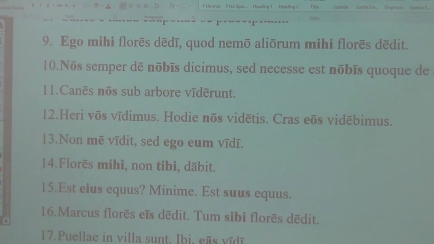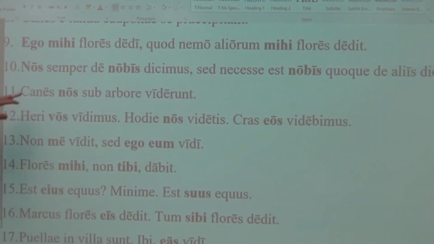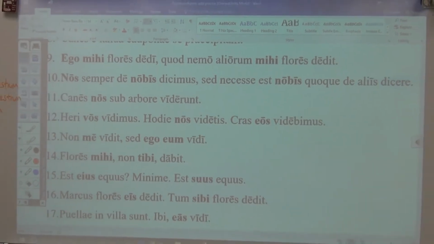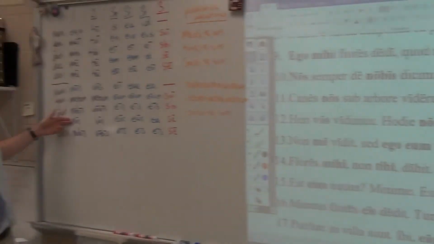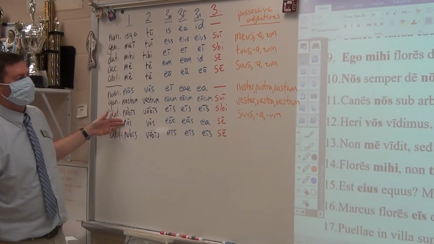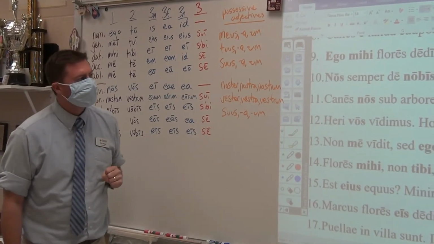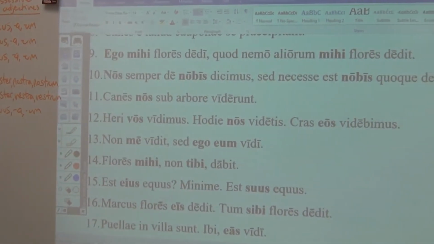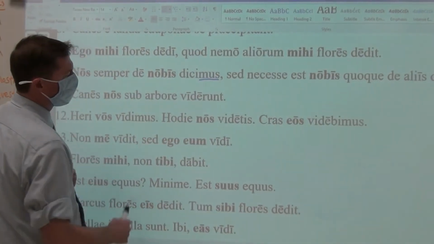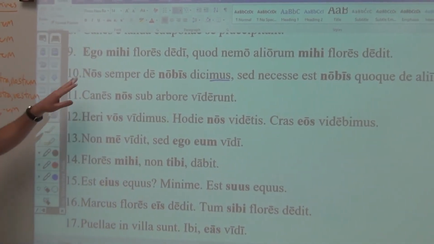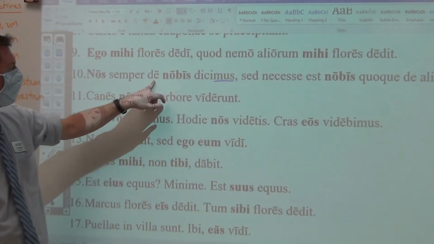Nos, nobis, and nobis in this sentence. So, strung along, nos can mean we or us. You see it over here in the nominative we and in the accusative us. So we have to figure out, is our verb going to have an ending that would indicate we? And when we see it does, dicimus from dico, dicere, dixi, dictus, we know that it is we always talk, speak about.